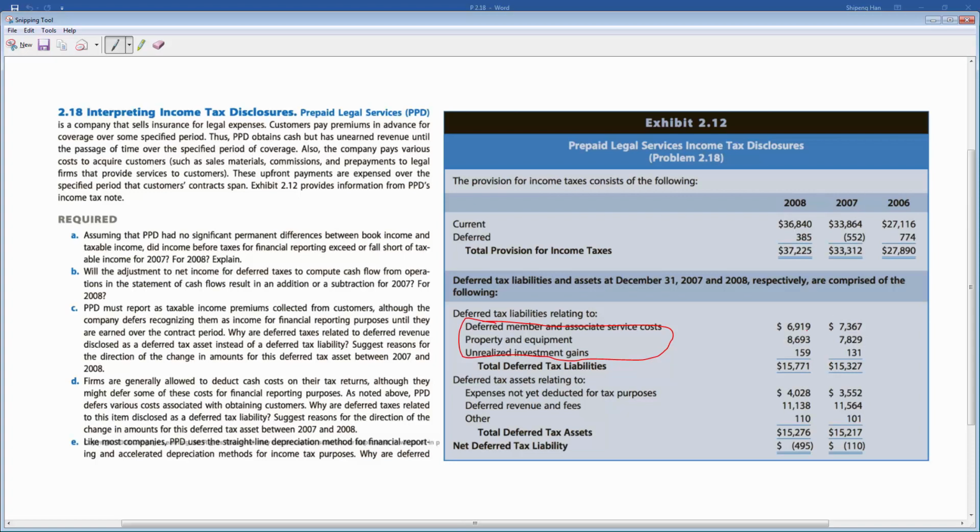Comparing with the prior year, we can observe whether there is an increase or decrease. The 15,771 represents the total of these 3, so it shows there are 3 factors contributing to the deferred tax liabilities. Again, we can also find 3 other factors summarized here, which are contributors to the deferred tax assets.